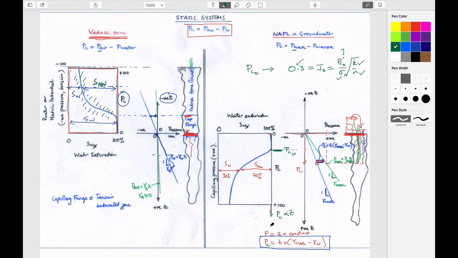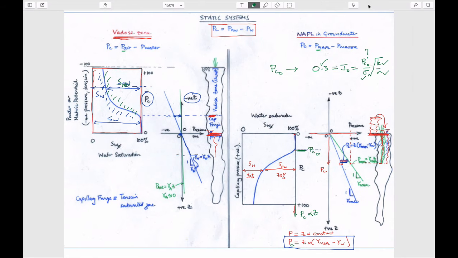You can think of scaling this capillary pressure versus saturation curve to fit the real physical dimension of your subsurface. Then you have a one-to-one correspondence between what the saturation would look like as you went down in depth. That's the punchline of everything that we will attempt to do today. So that's probably 20% of the class if you understand up to what we've done so far.